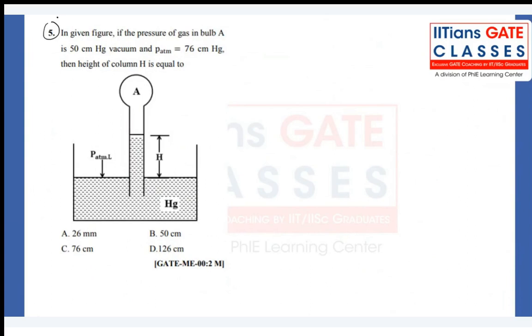But when you look very carefully at how they play in the GATE examinations, sometimes a very simple topic can be a monster topic. So please try to clear all the fundamentals as much as you can. In the given figure, the pressure of the gas in bulb A is 50 centimeter mercury.